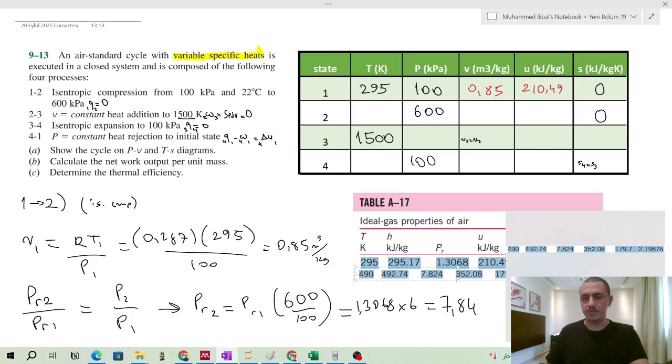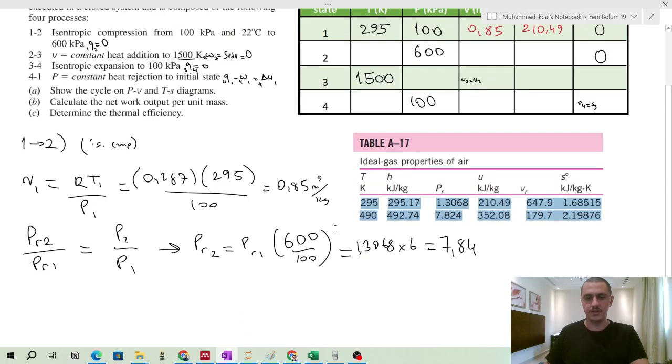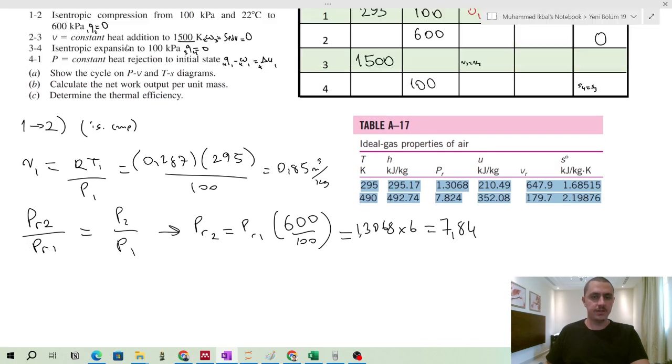We can simplify it and not make any interpolation for now, because it's very close. Maybe 1 or 2 degrees would be affected if I make interpolation, so it doesn't matter too much. I will say that my second temperature T2 is equal to 490, and I can also get U or S values from here when I need.